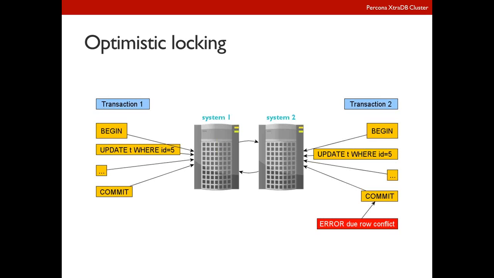And again, we have this model because all communication happens on the commit stage. So if on this stage transaction 2 finds out it updates a row that was also updated by another transaction, then transaction 2 will need to perform a rollback and return an error to the client.